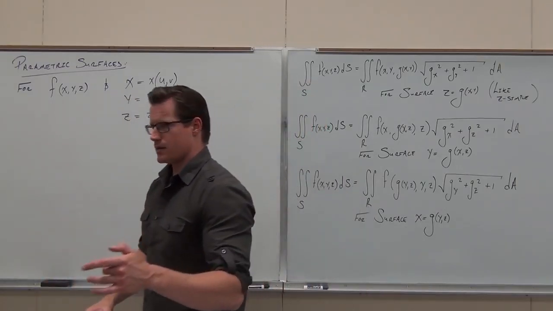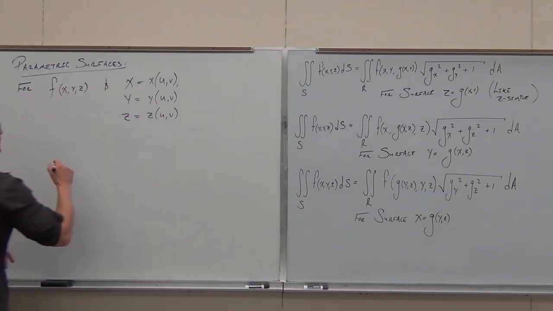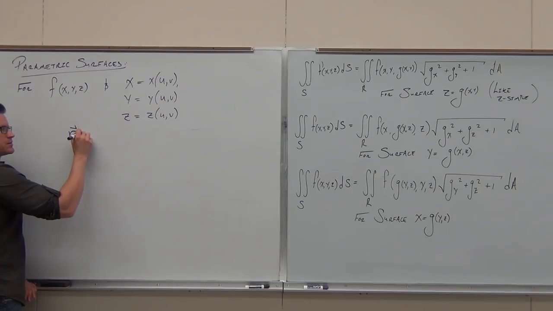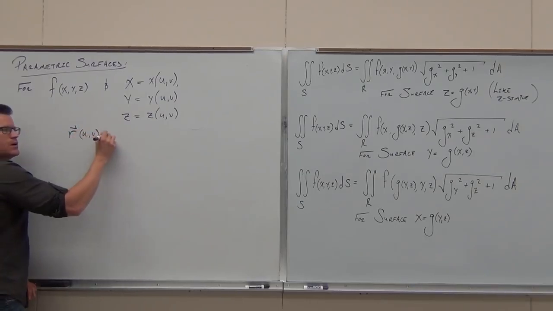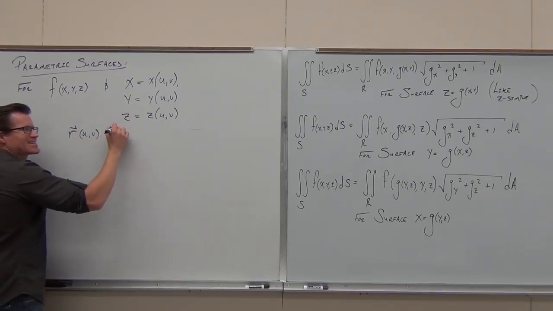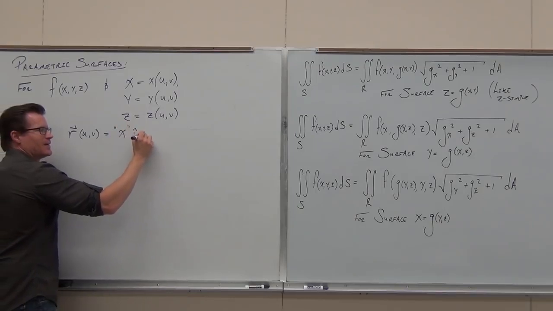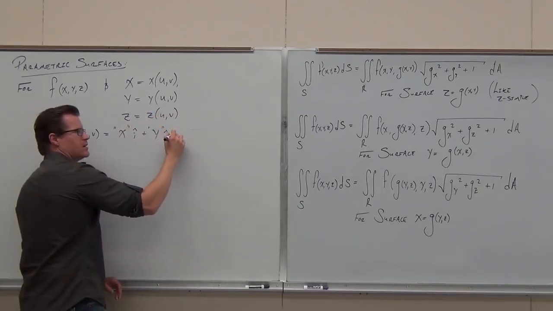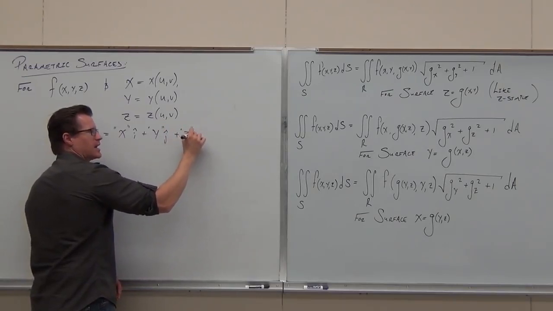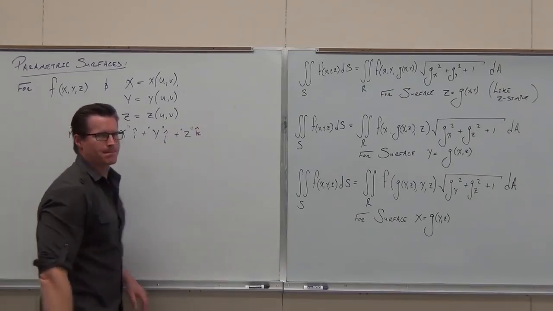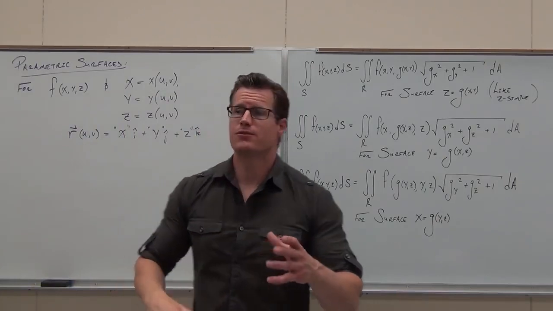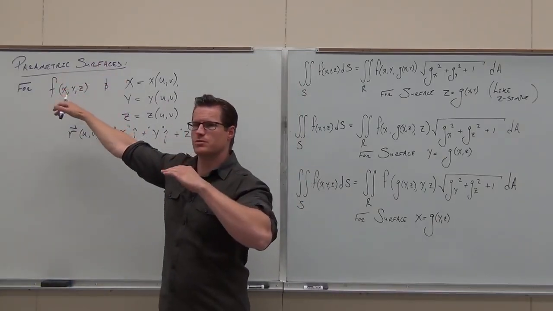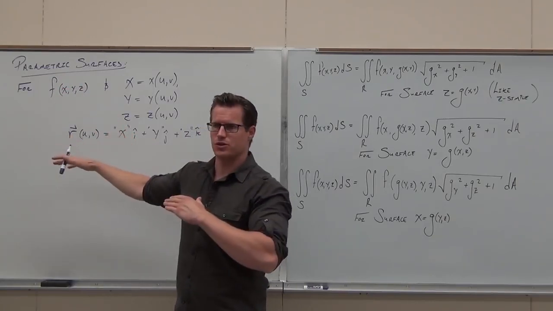If you can do that, and if vector functions are always the x thing i plus the y thing, we're calling it thing j, plus the z component k, then you can redefine a surface in terms of a vector function.